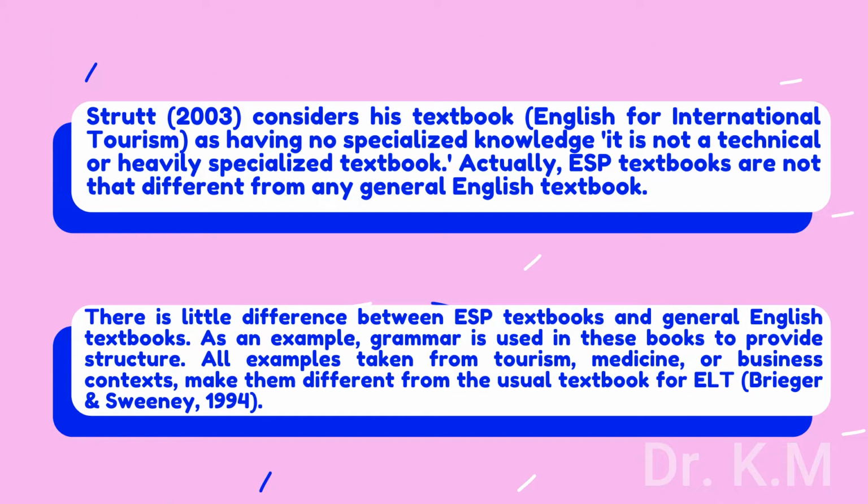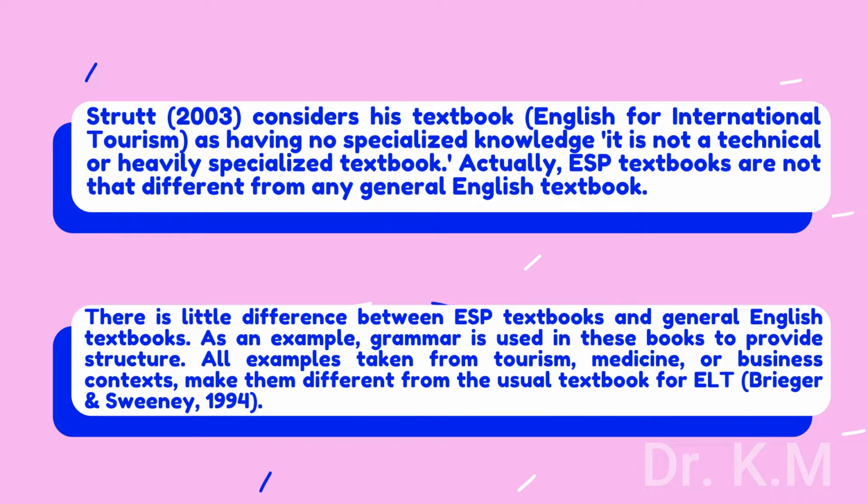Strutt, 2003, considers his textbook, English for International Tourism, as having no specialized knowledge. It is not a technical or heavily specialized textbook. Actually, ESP textbooks are not that different from any general English textbook. There is little difference between ESP textbooks and general English textbooks.